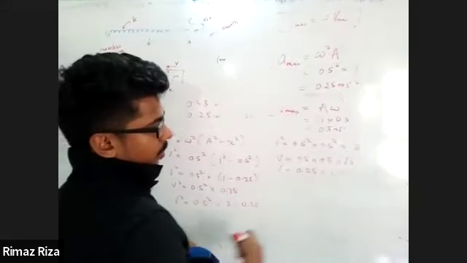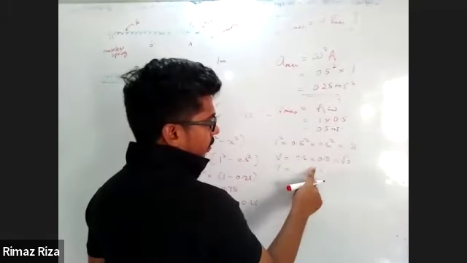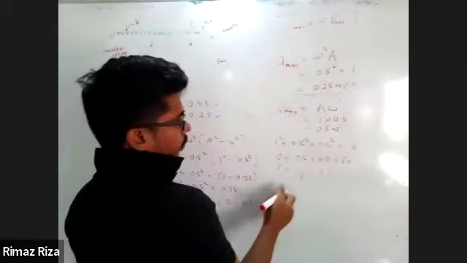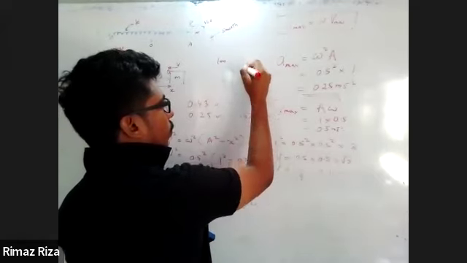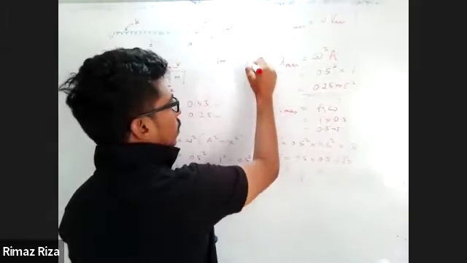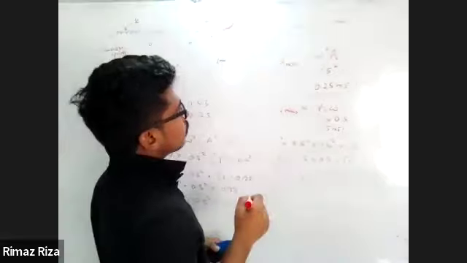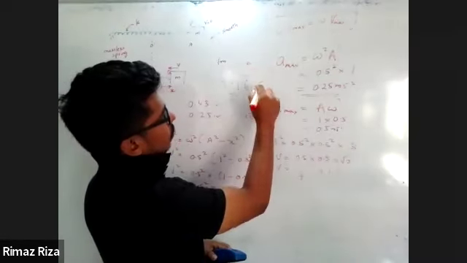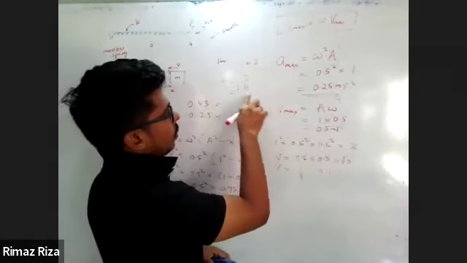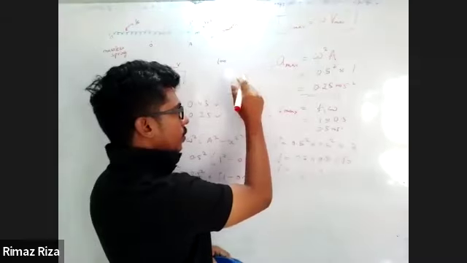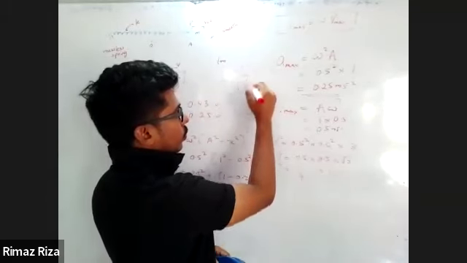Then multiplying this is hard for me. 0.25 I can take as 1 over 4, so 1.7 divided by 4. 4 into 4, 16 remains 1.